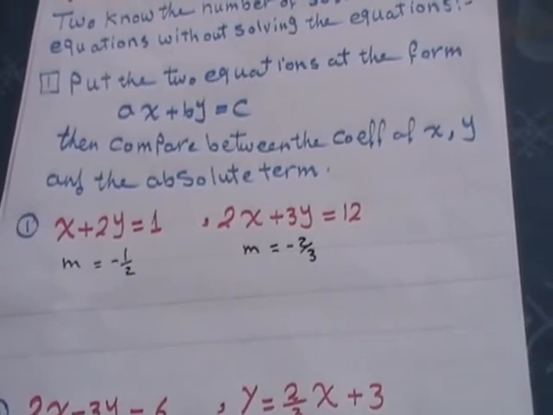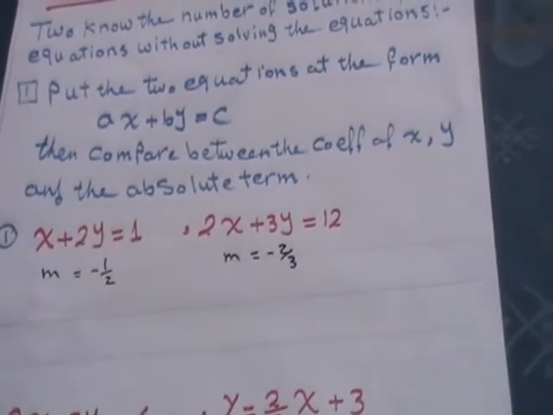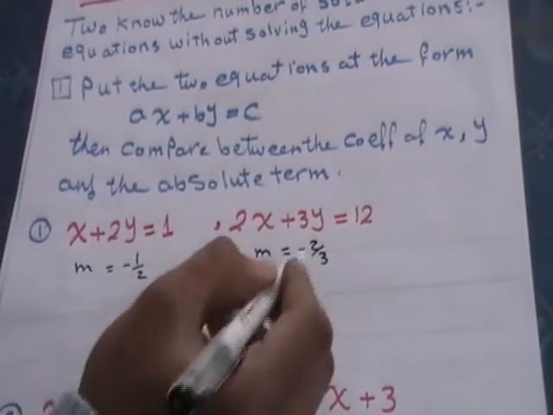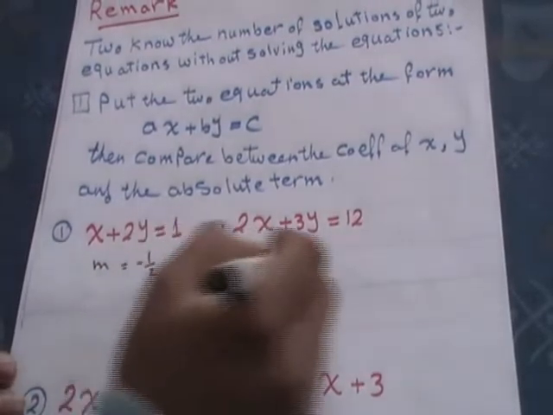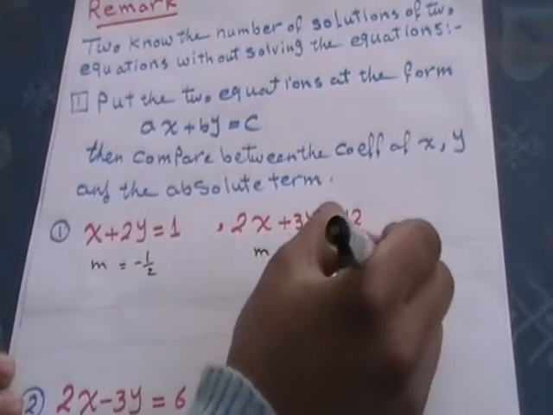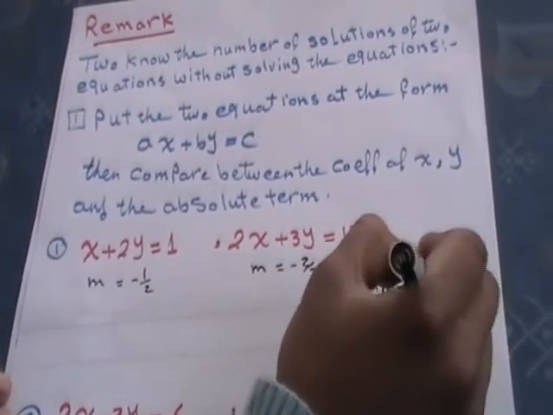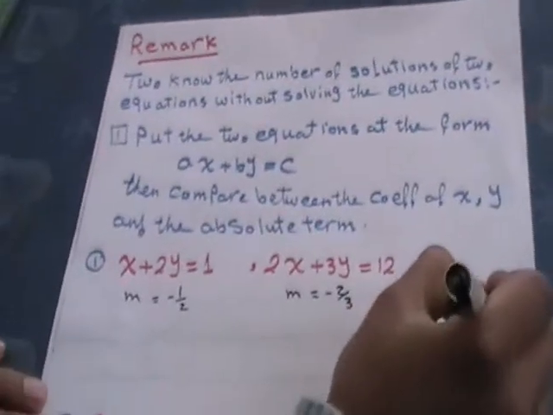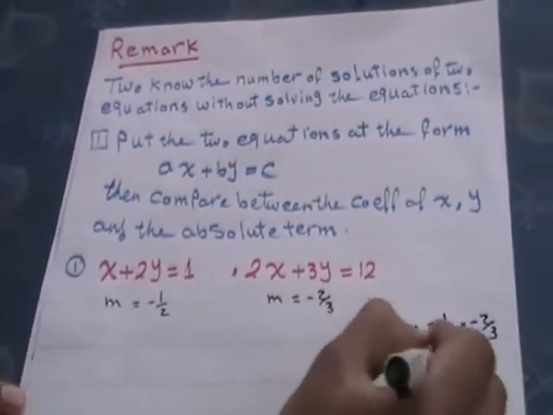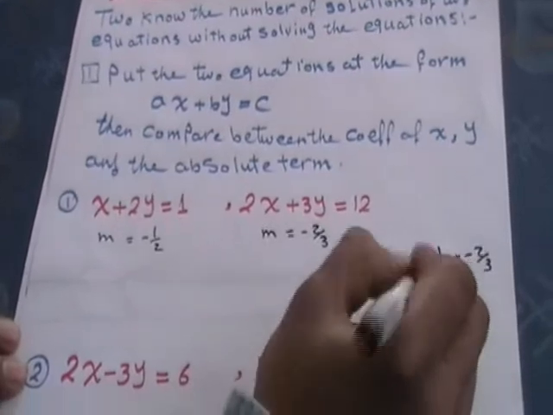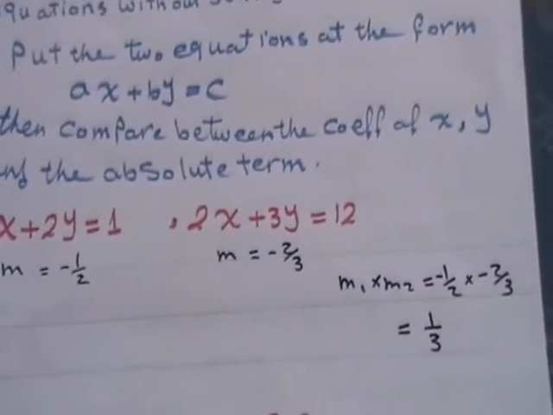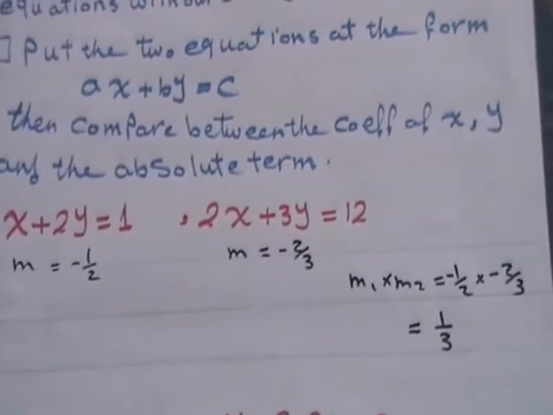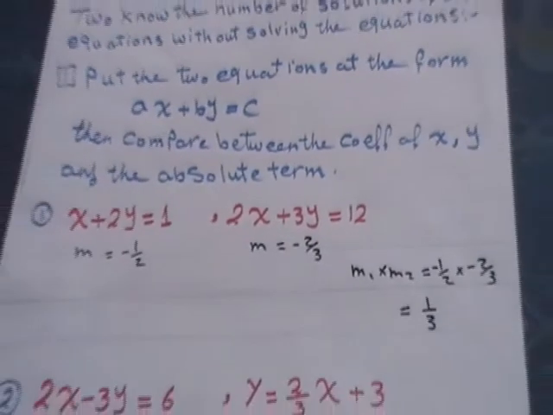Let's see what the case is for these two slopes. I have negative half and negative 2 over 3. If you multiply them, m1 times m2 equals negative half times negative 2 over 3, so it will be 1 over 3. And 1 over 3 is not negative 1, so the lines are not perpendicular, and the slopes are not equal, so they are not parallel.